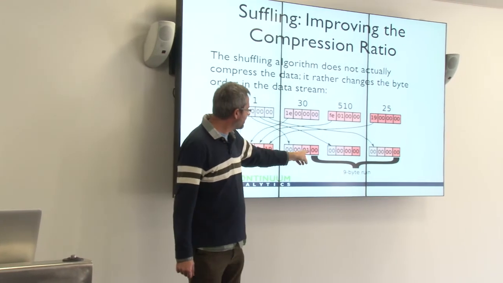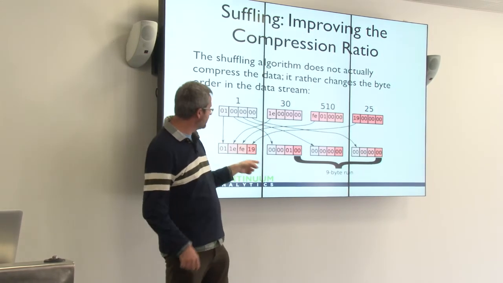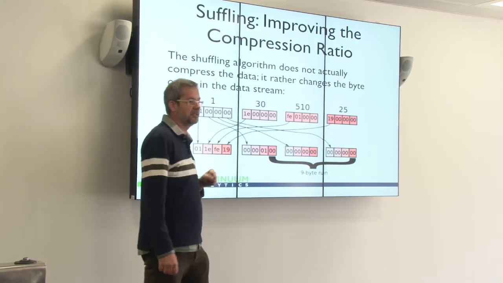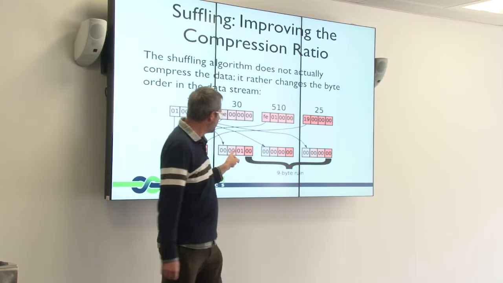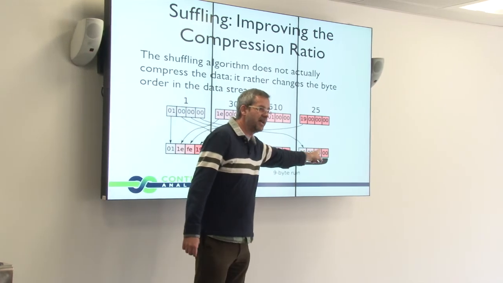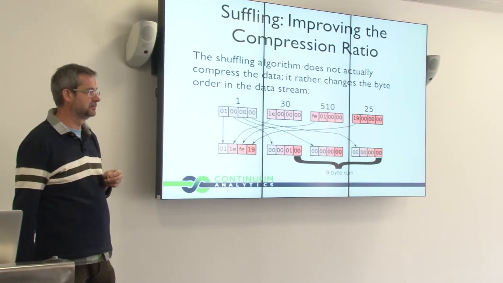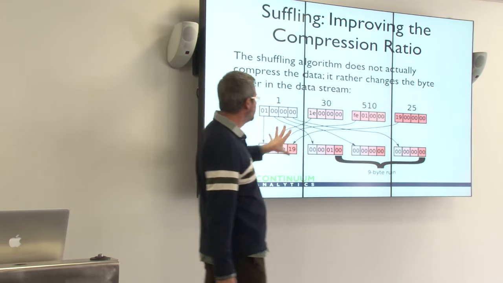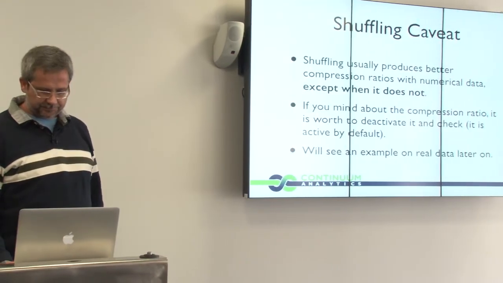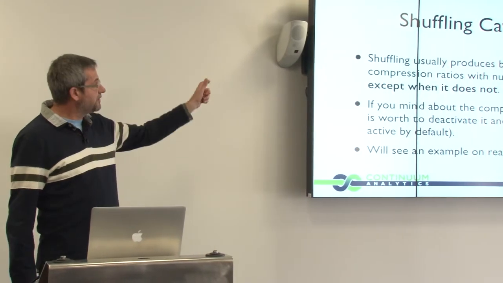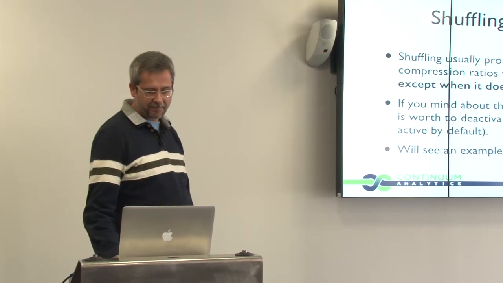In this case, of course, the compressors normally tend to run faster and get better compression ratios in this distribution. Because, for example, in this case, we have here a run of 9 bytes which are zeros. And this is extremely efficient to compress. Okay? So this is the rationale behind shuffle. And shuffle, as I said before, is using SSE2 for maximum speed.